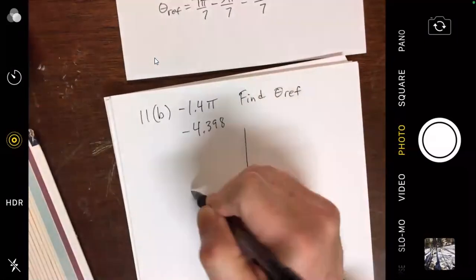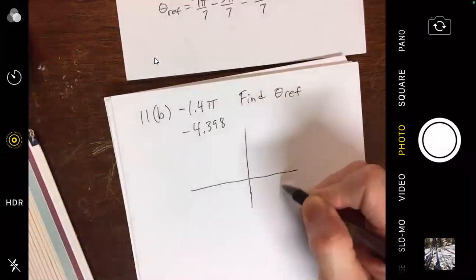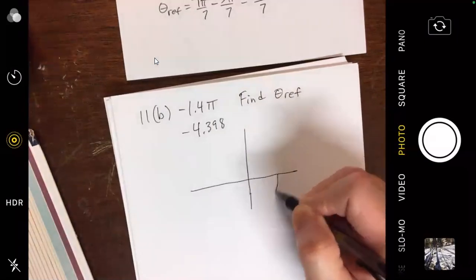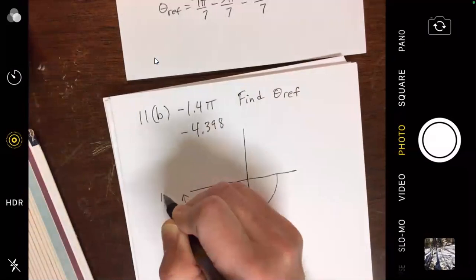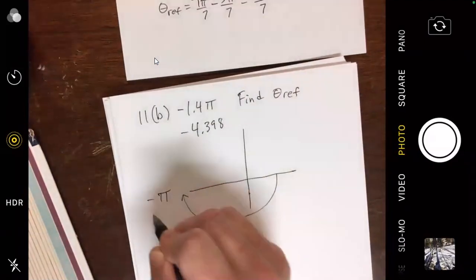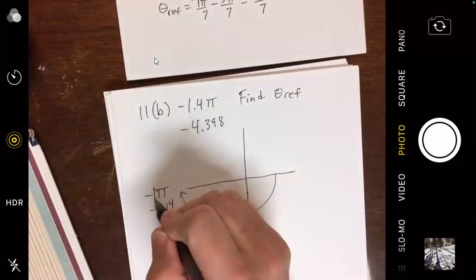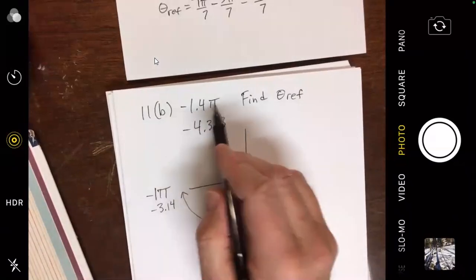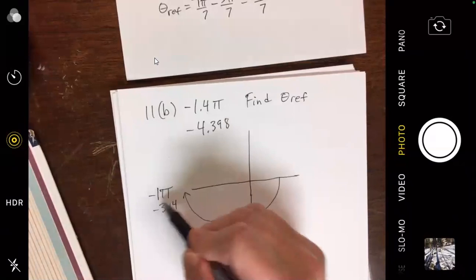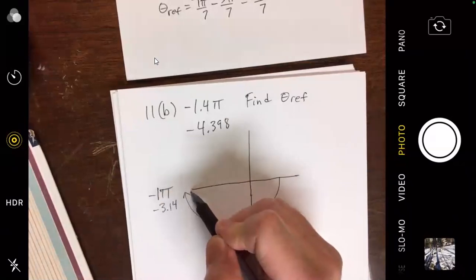Okay, going in the negative direction this time. I always come over here to have full pi, negative pi, that's negative 3.14, or negative 1 pi. So you theoretically could leave it separate just like this.